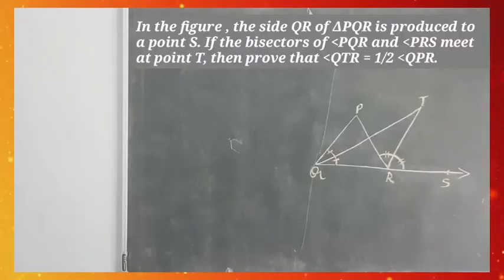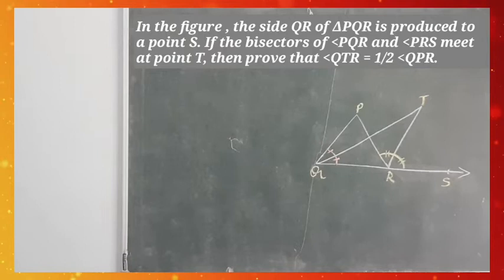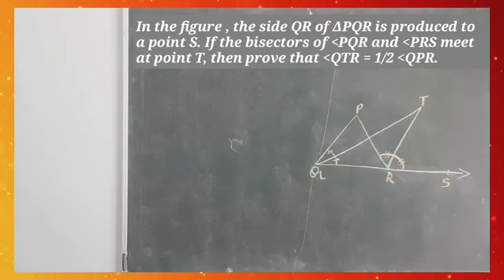In the figure, the side QR of triangle PQR is produced to a point S. If the bisectors of angle PQR and angle PRS meet at a point T, then prove that angle QTR is equal to half of angle QPR.